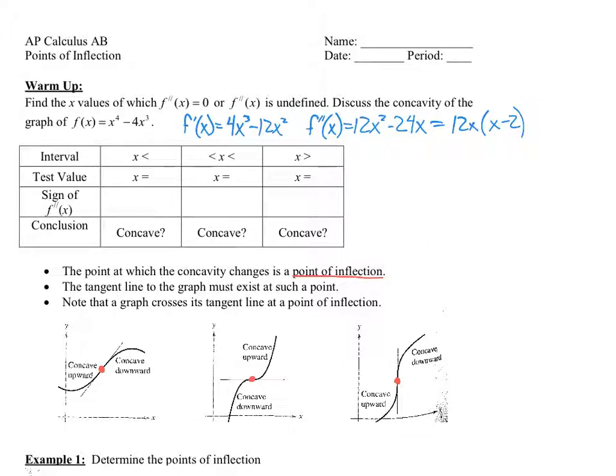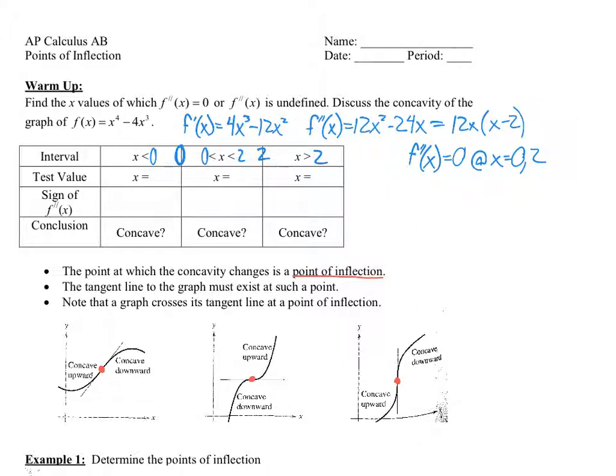At 2 and 0. So f double prime equals 0 at x equals 0 and 2. On the table over here, here's 0 and here's 2. The intervals I have are x less than 0, x between 0 and 2, and x greater than 2.